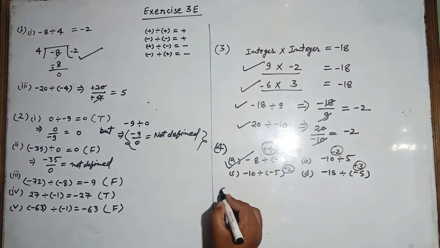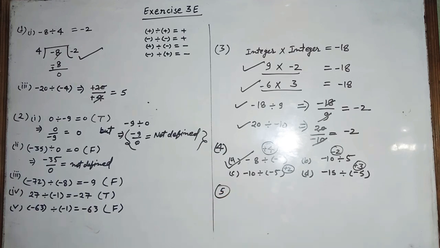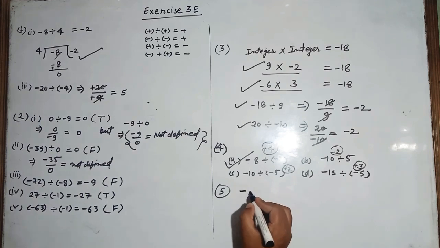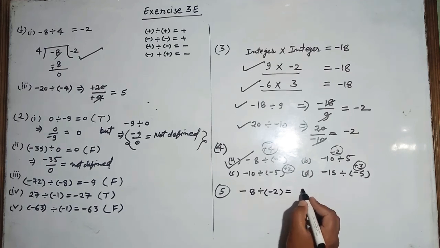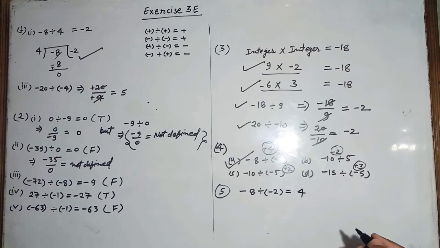Now come to question number 5. Which of these expressions checks the solution to the division problem minus 8 divided by minus 2 is equal to 4? You have to find out which of these expressions checks the solution for the division problem.